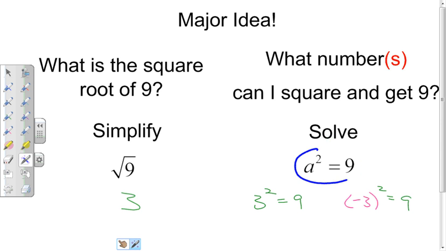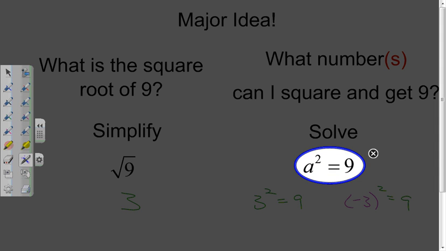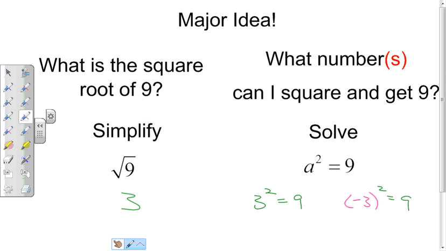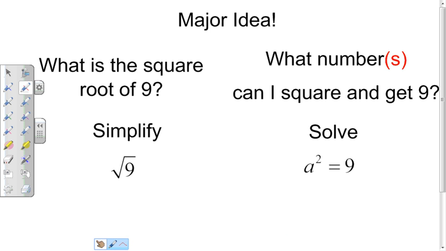So that means that plus or minus 3 is the answer to this question, positive or -3. So you need to realize that when you go to square root and you're solving, you have to remember that there are 2 possible solutions, one positive and one negative.